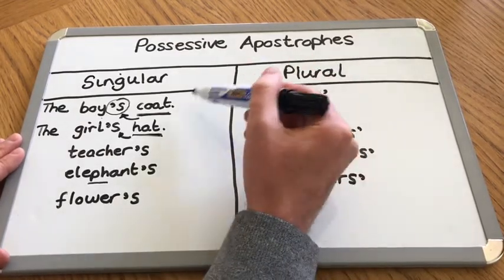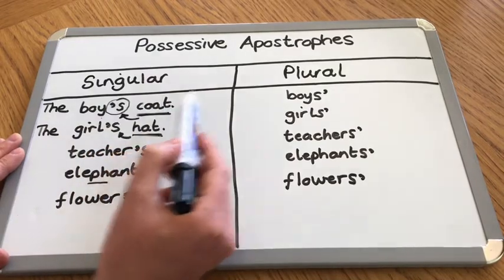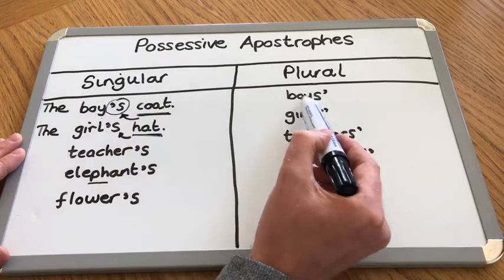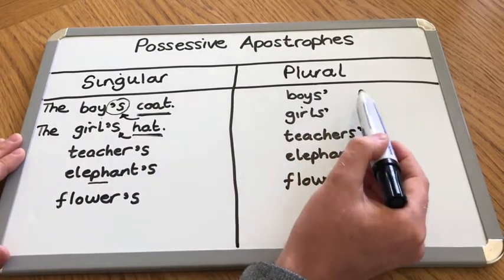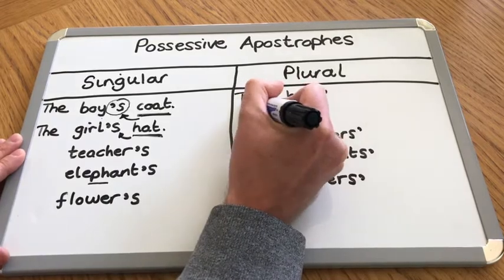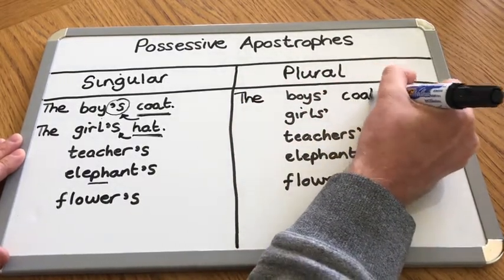Let's have a look at the plural form if we use the same idea of a coat. Now this time it's not one boy and his coat. It's going to be many boys and their coats. So we would put the determiner the, I'm going to choose, the boy's coat.